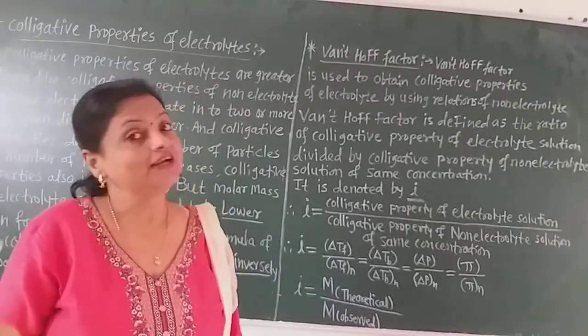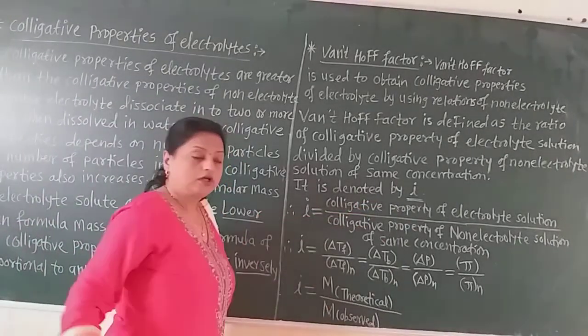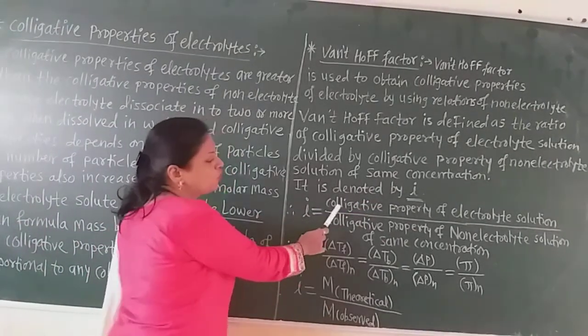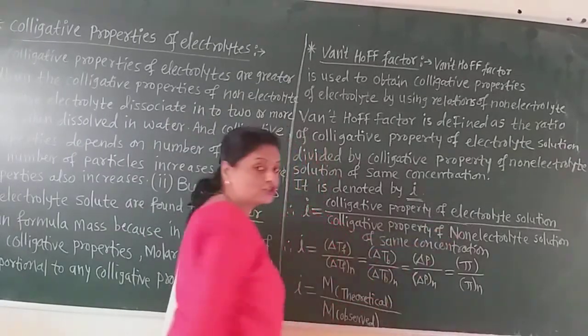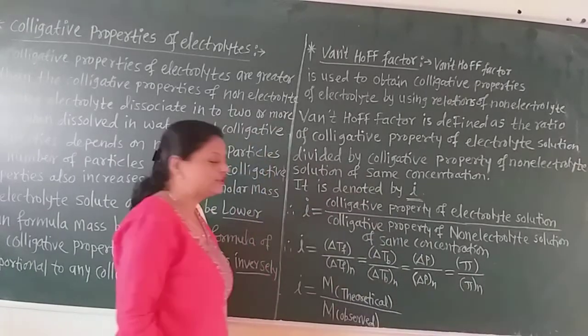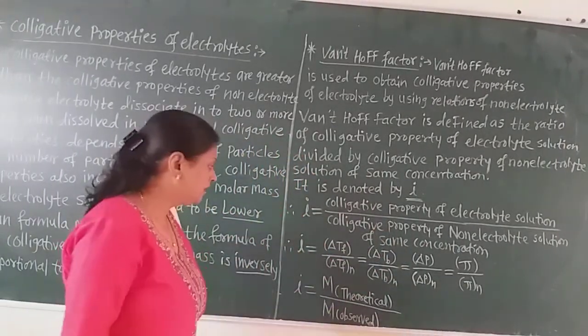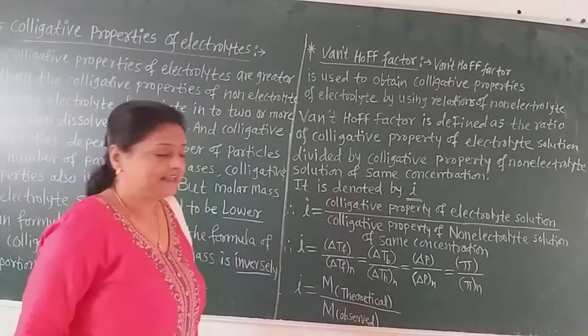That ratio is called the Van 't Hoff factor, and it is denoted by small i. So i is equal to the colligative property of the electrolyte solution divided by the colligative property of the non-electrolyte solution of the same concentration. In this way i is given.